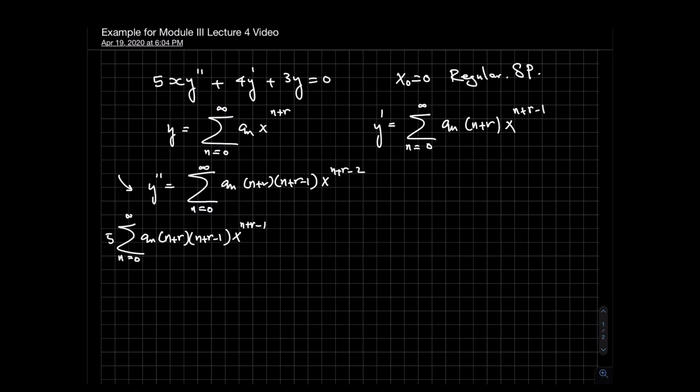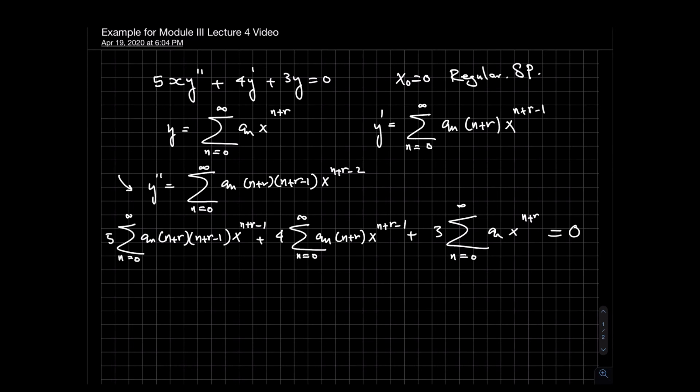So that's 5x y double prime, plus 4 times y prime, so (n plus r) x to the power of n plus r minus 1, as n goes from 0 to infinity, plus 3 times y, which is n equal to 0 to infinity, a_n x to the power of n plus r, and that whole thing has to equal 0.